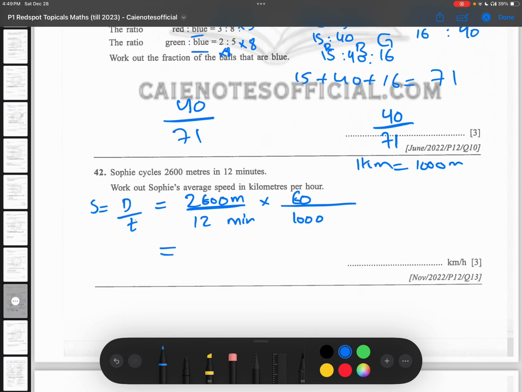So now we will work out this fraction. 12 gets cancelled with 60. 12 into 1 is 12, 12 into 5 is 60. I will cancel these two zeros. Now 26 multiplied by 5 is equal to 130.